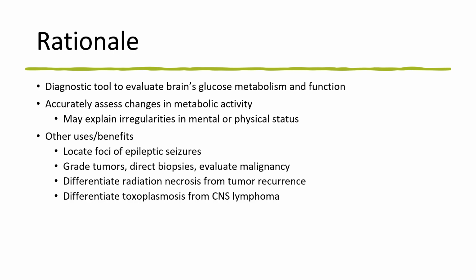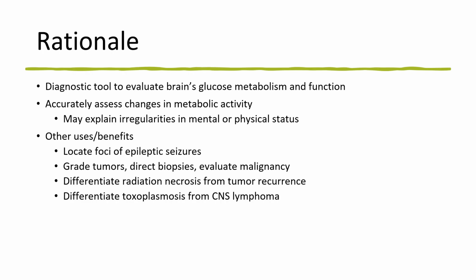The FDG test will accurately assess changes in metabolic activity, and it may explain irregularities in mental or physical status. Of course, not just different diseases, but also neurologic and mental health conditions can alter that glucose metabolism or the metabolic activity of the brain.